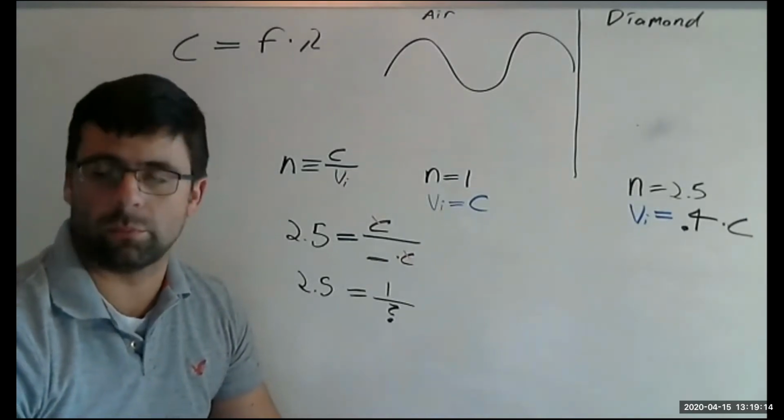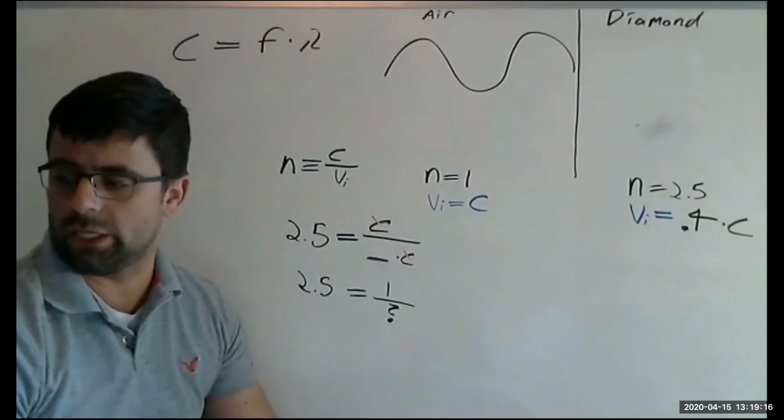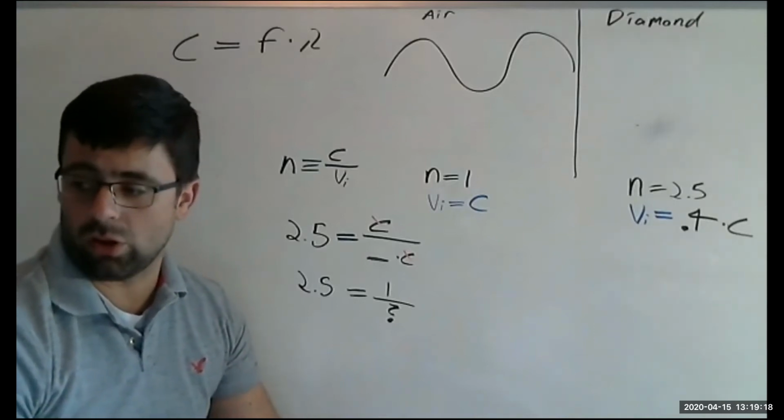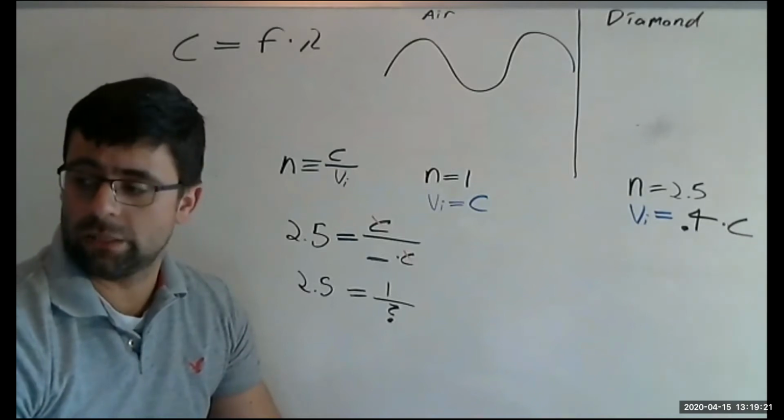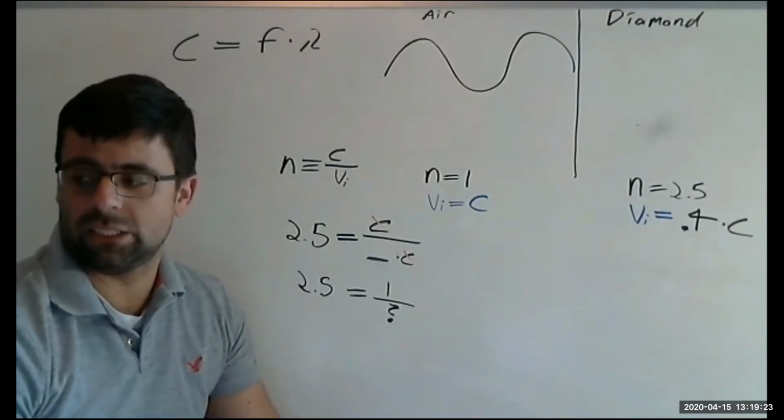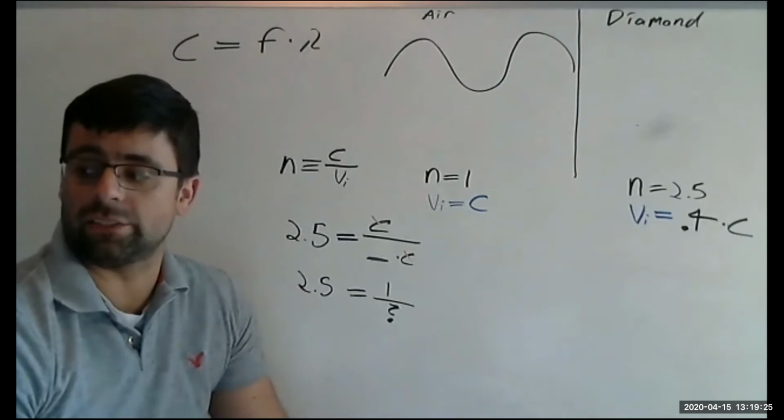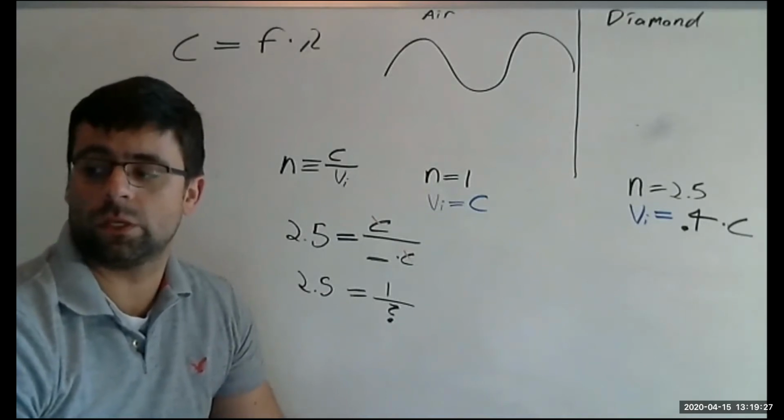So that's one important takeaway: if n is big, the velocity in that material is really small.